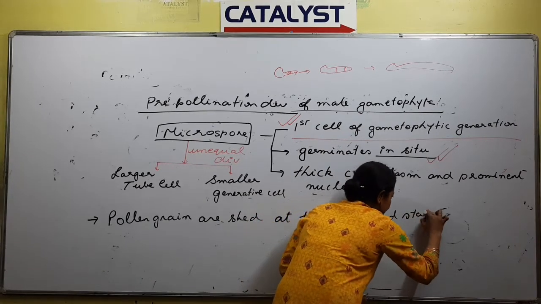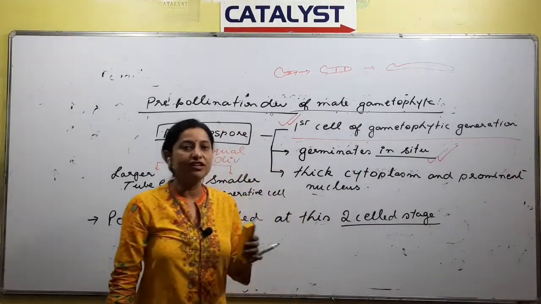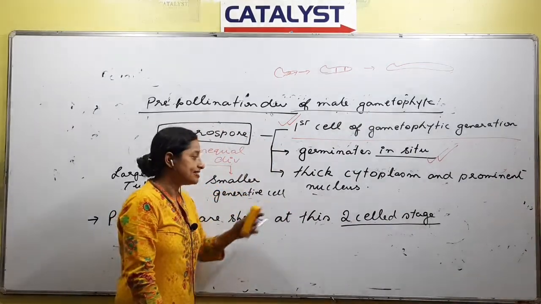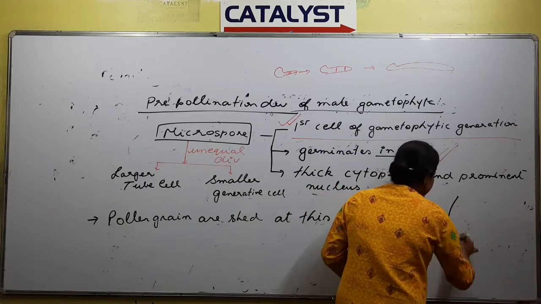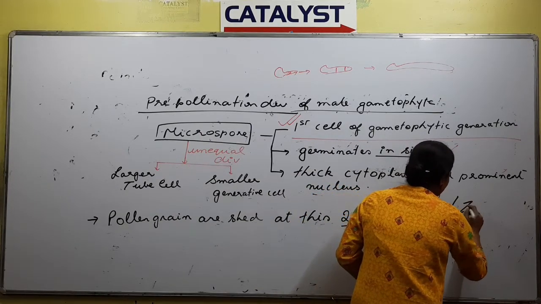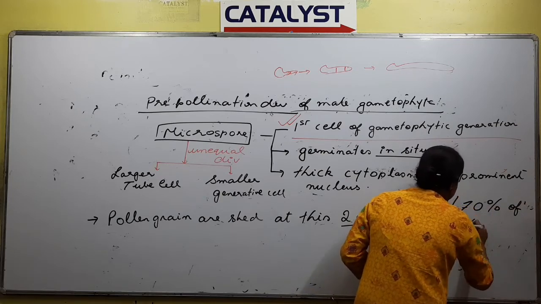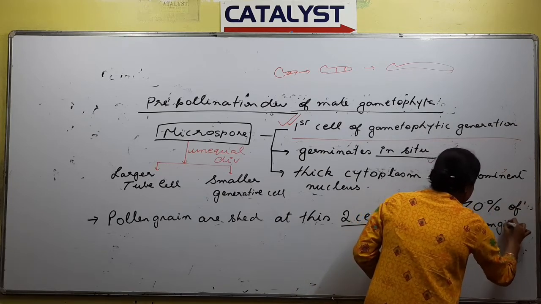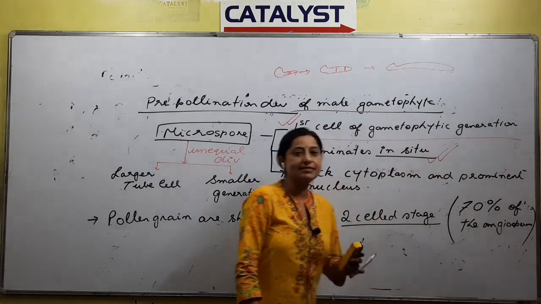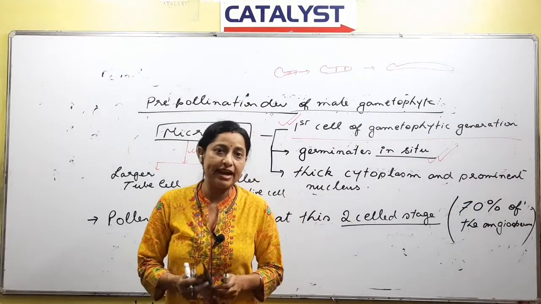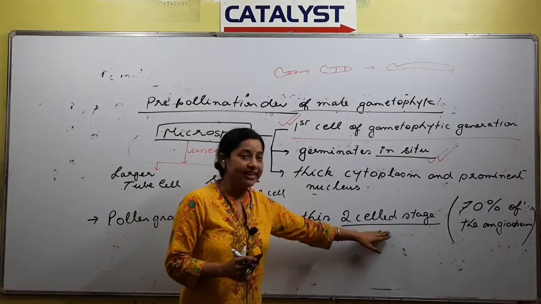The microspore got divided and formed 2 cells, and this 2-cell stage of shedding is seen in almost 70% of angiosperms. So in most angiospermic plants, the pollen grains are shed at a 2-cell stage.